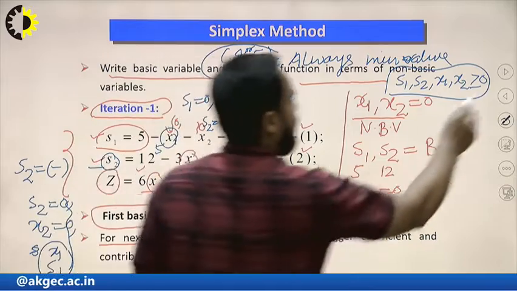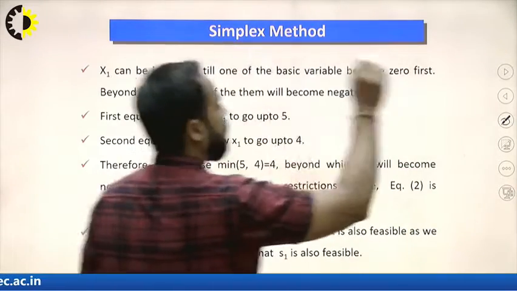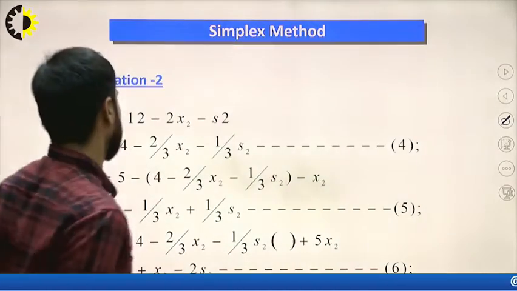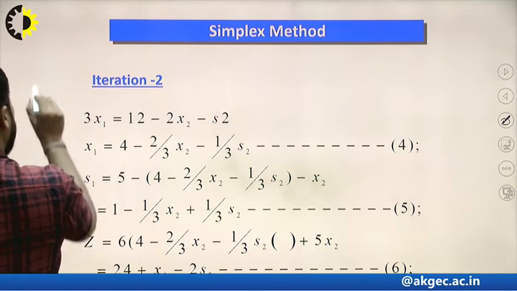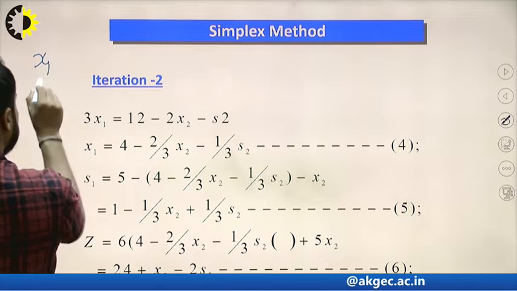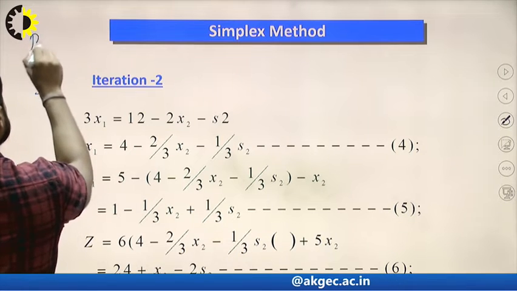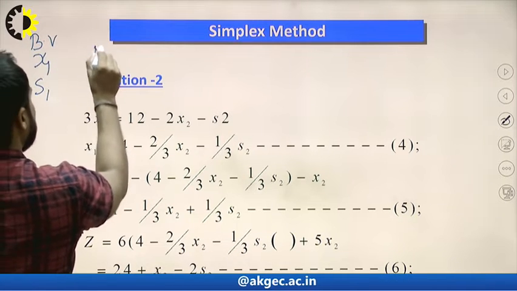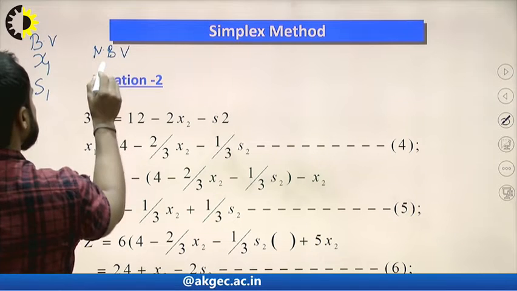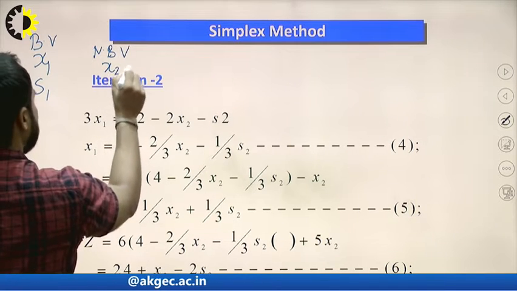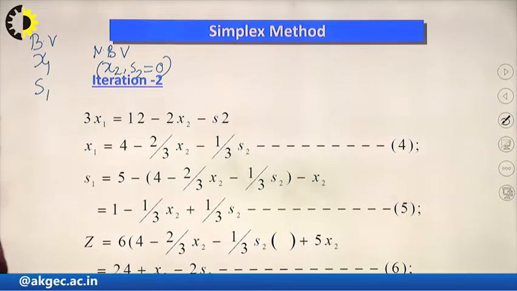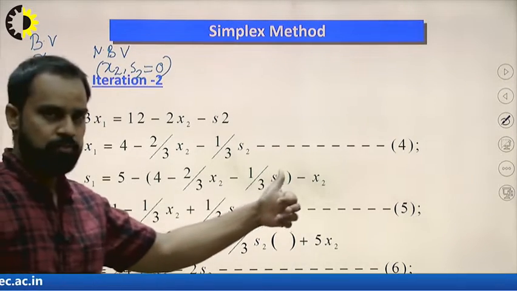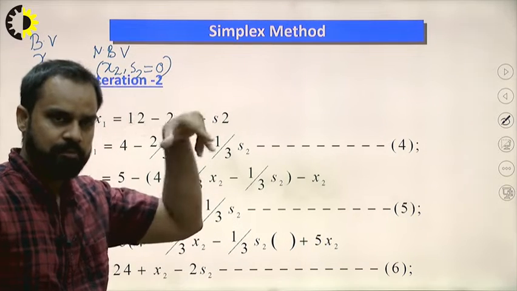All this terminology I have discussed. Now x1 and s1 are the basic variables and the non-basic variables become x2 and s2. Non-basic means we have to fix 0 value here, right? We have chosen that x1 increases and x1 is taken as 4.